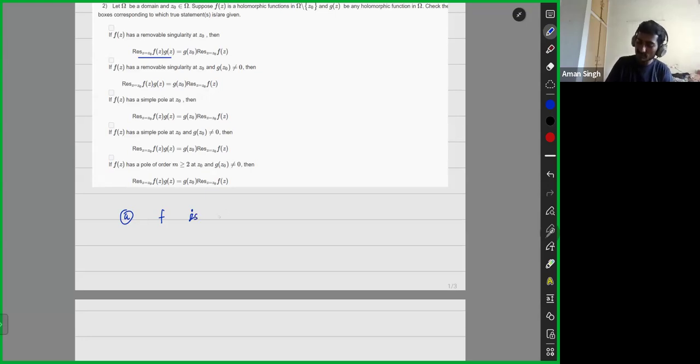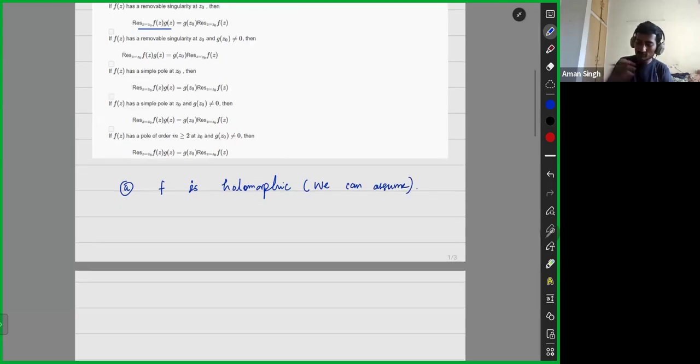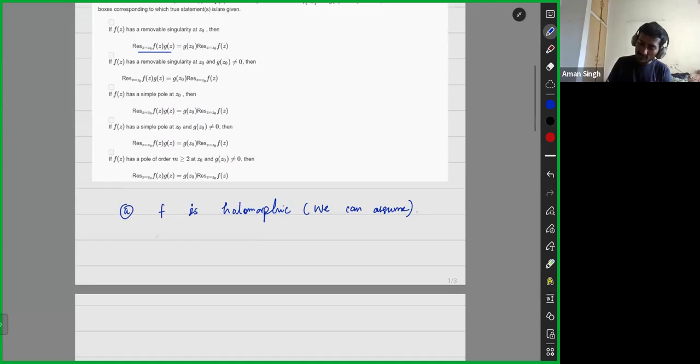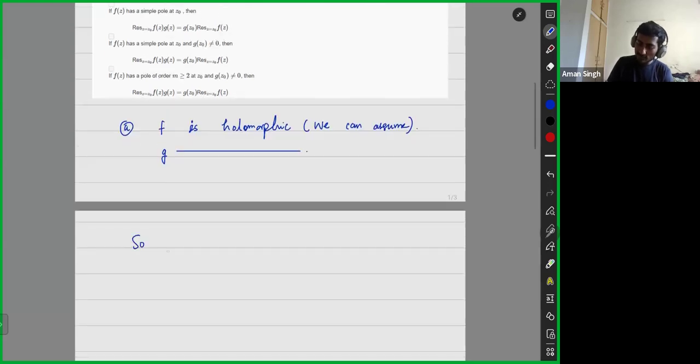We can assume holomorphic, because again the same thing. I'm not going to write it because I have already told you what it is. f is holomorphic and g is also given holomorphic, right? So is f into g.